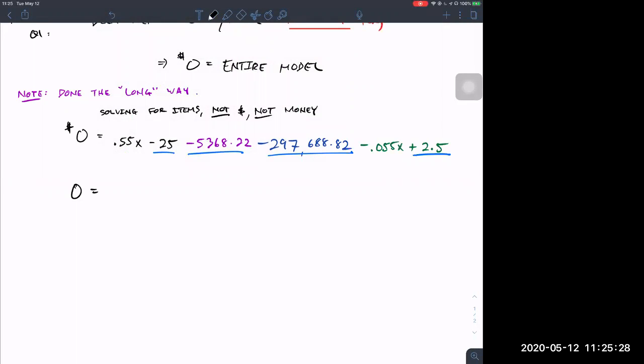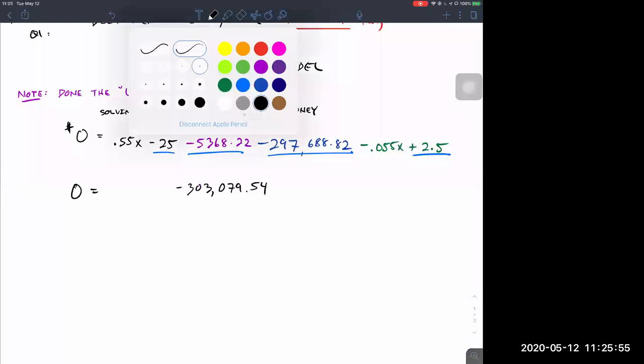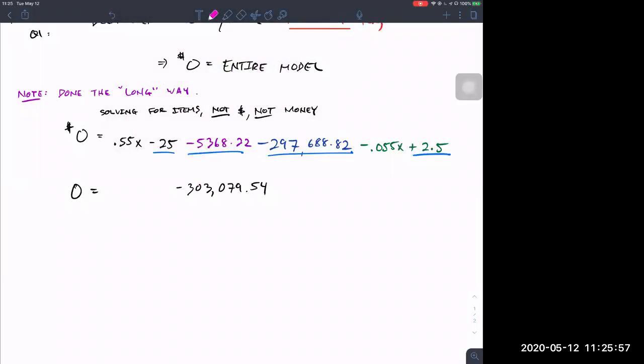Negative 25 minus 5,368.22 minus 297,688.82, and then plus 2.5. That's how people's answers are sometimes a little bit off, because they forget that distribution at the end. In any event, that becomes minus 303,079.54.